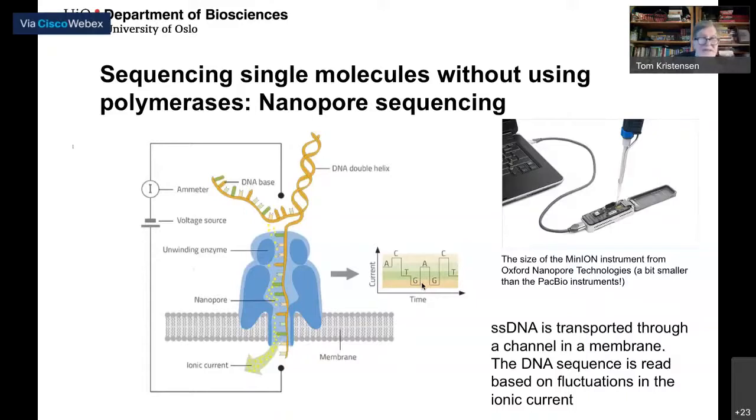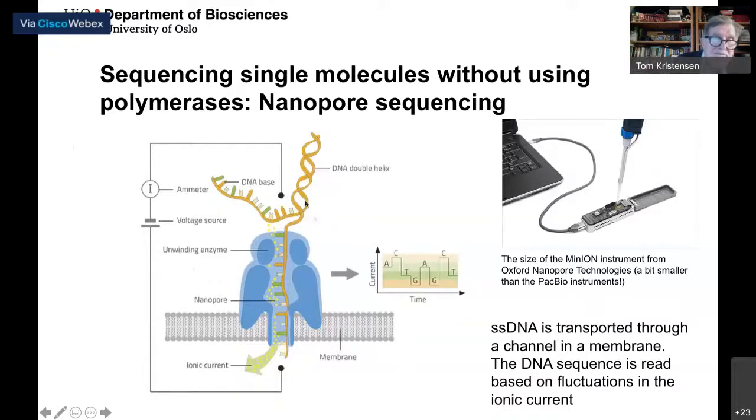And this actually works amazingly enough, I would say. What they do to get it all to work is, among other things, to use a double-stranded DNA and use a gyrase in this position to separate the two strands so that only one of them is passed through the pore here.